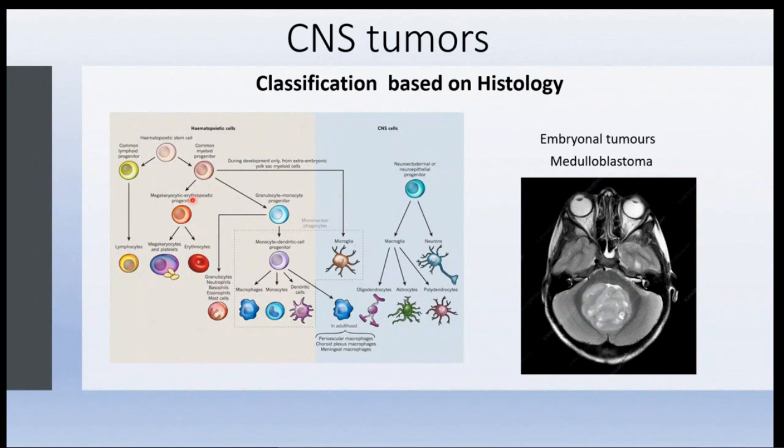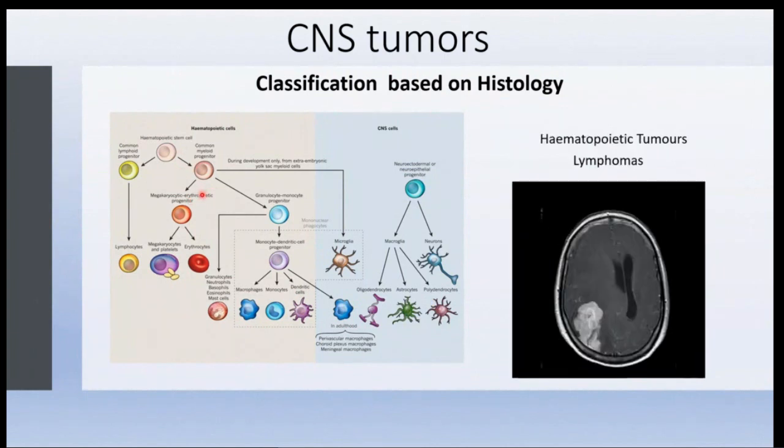fossa. The other thing we have is hematopoietic tissue, and this can also cause tumors, like a lymphocyte can proliferate and cause a lymphoma within the brain. And we have two types of lymphoma in the brain: either a primary central nervous system lymphoma, that's to say the lymphoma itself starts within the brain tissue, or secondary lymphomas, which means that the involvement of the brain is part of a systemic lymphoma that has spread to the brain.